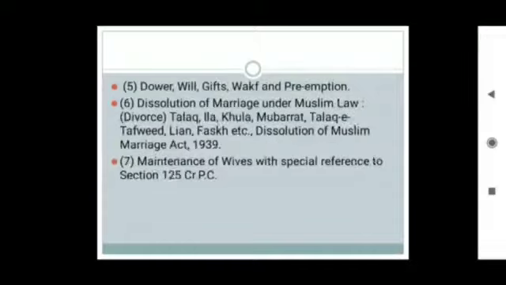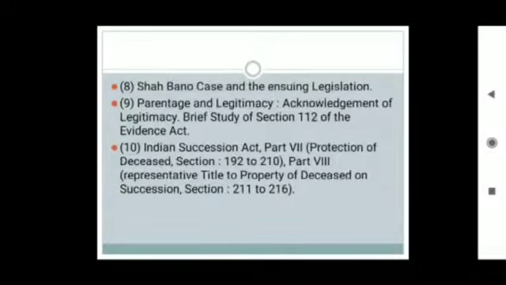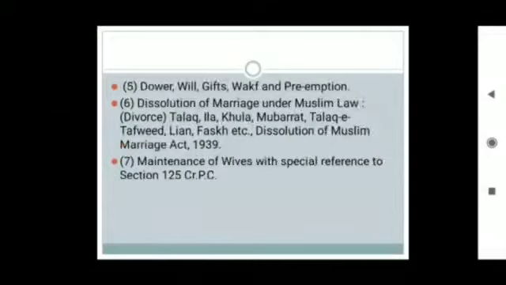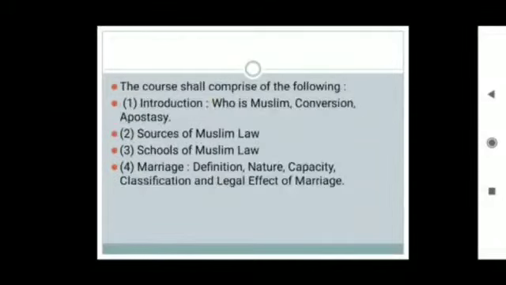There are approximately 10 units, and from our next video we'll be starting from the first unit, which is the introduction.